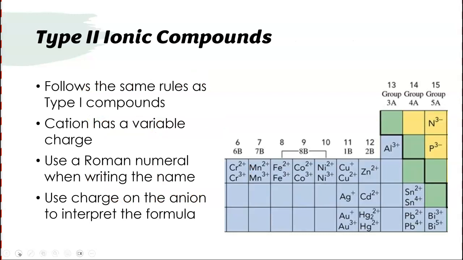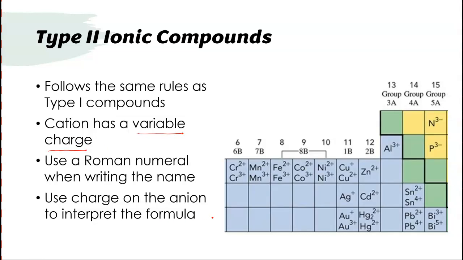So now we're going to move on to the type 2 ionic compounds. These follow the same rules as type 1. We still name the cation first, followed by the anion, and we end things in "ide." But the difference is the cation has a variable charge.